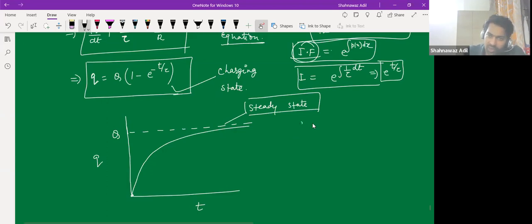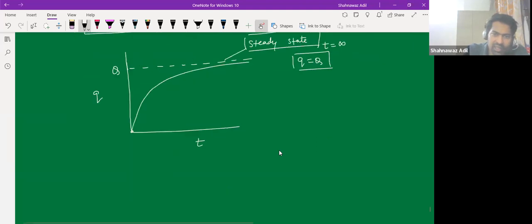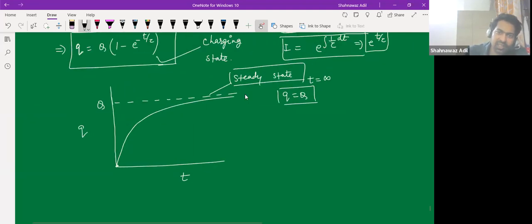Because t would be infinity, e to the power minus infinity is 0, so q would be Q at steady state. Steady state means it is approaching a constant value.